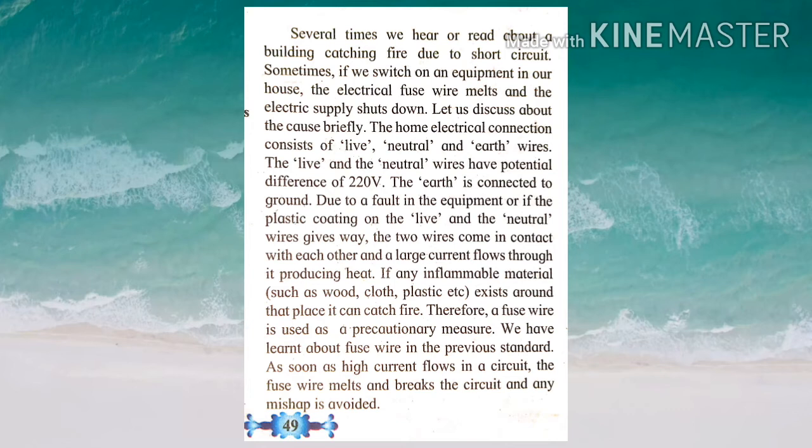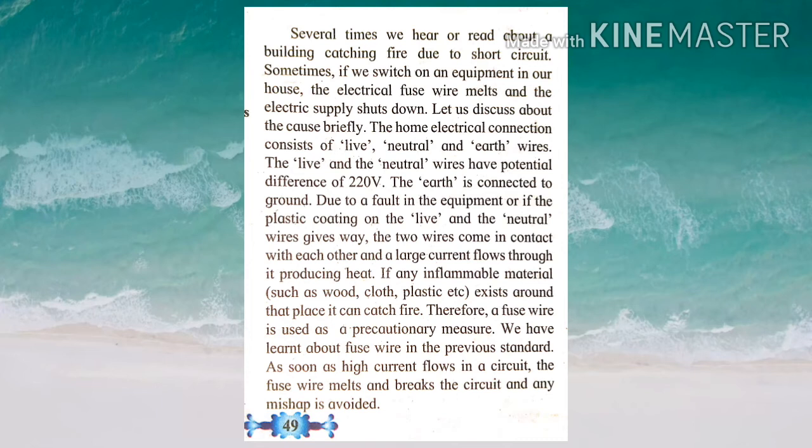The potential difference between live wire and neutral wire is 220 volt. Due to any fault in the equipment, or if the plastic coating on the live and neutral wire gives way, these two wires come directly in contact with each other. Okay, so what happens?